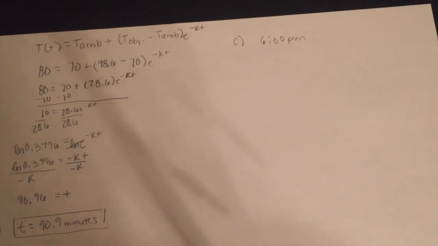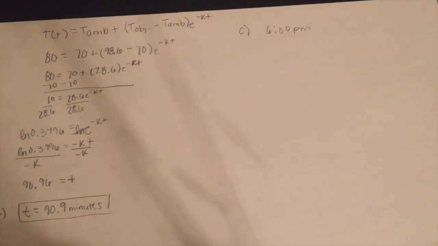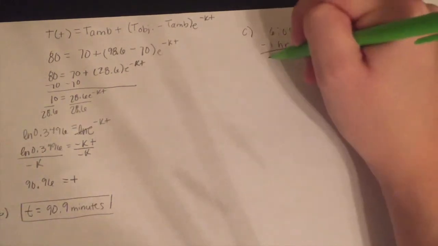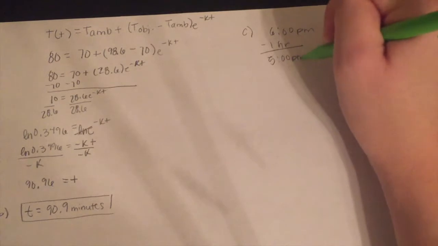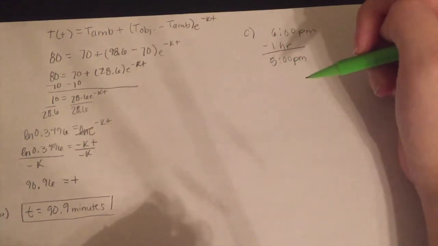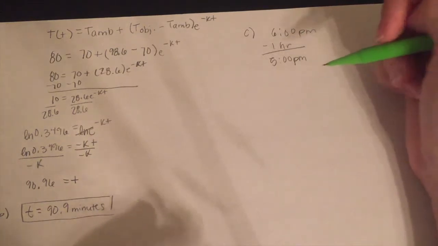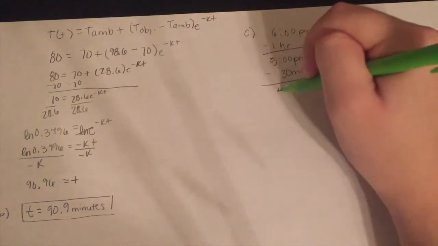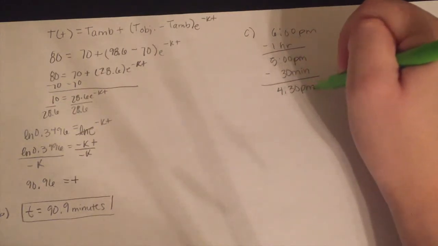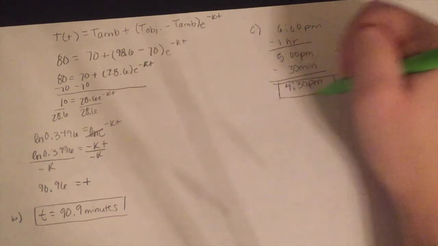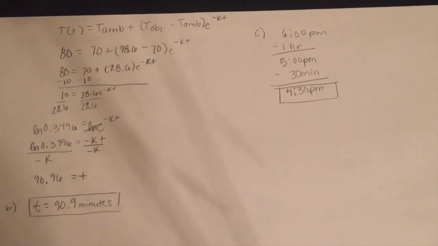And if the time elapsed was about an hour and a half, so if we subtract an hour from this, it's going to be 5 o'clock. And then if we subtract another 30 minutes, then it's going to be 4:30 p.m. So the approximate time that Mr. Fees was killed was 4:30 p.m.